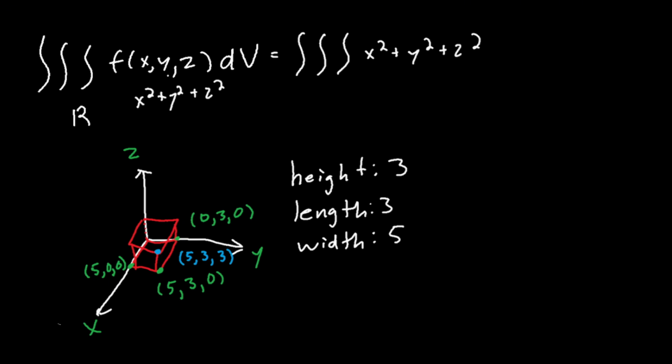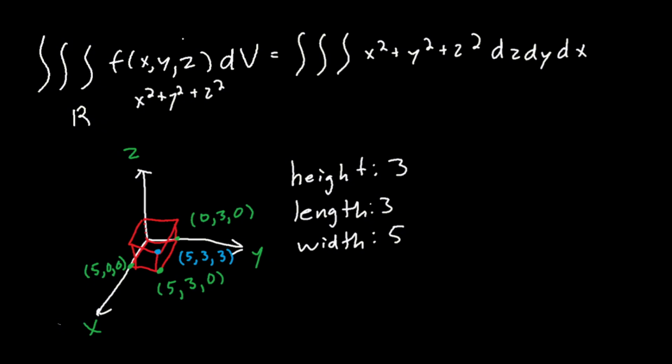Notice how this is our function of x, y, and z. And you would do dz, dy, and dx. The order of integration does not matter. Remember that. You'll get the same answer no matter what. But some orders are easier than others, so keep that in mind.